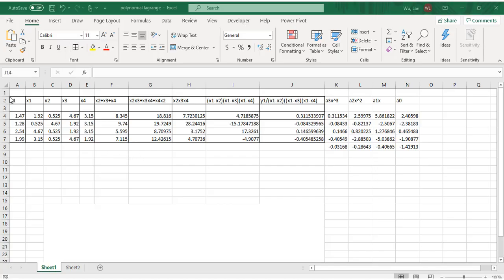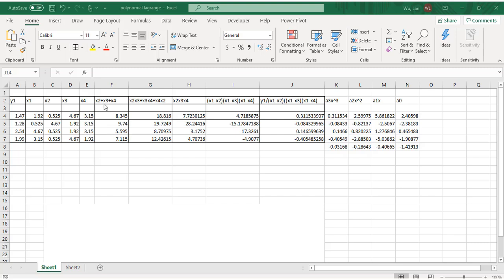Here's the one. I will make the y1 as here, x1, x2, x3, x4. I just change the order so that I can get x2, y2, x3, y3, and x4, y4.